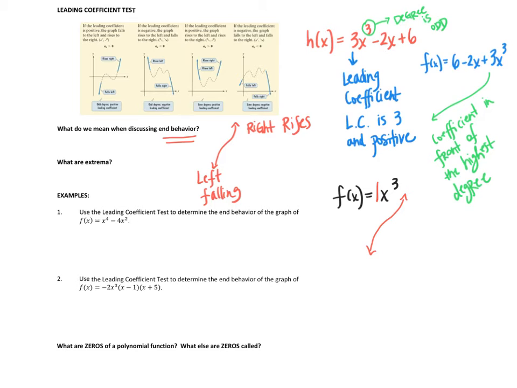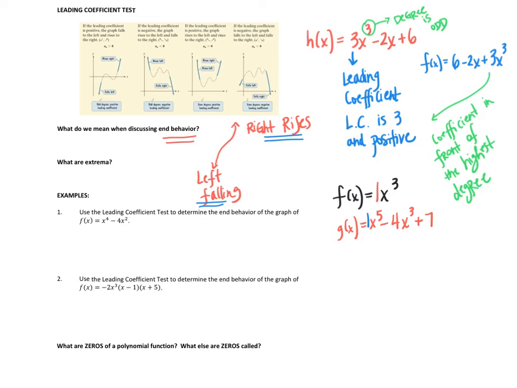Well, if you type in g of x equals x to the fifth, and you could add some, let's say x to the fifth minus 4x to the third plus 7. Well, the leading coefficient here is a positive 1. It's going to follow that same pattern. It's going to rise to the right, and it's going to fall to the left.